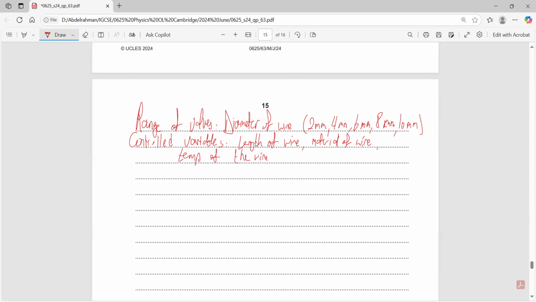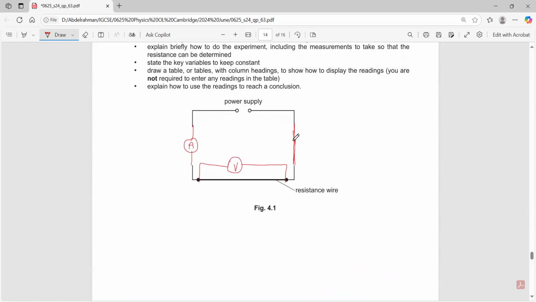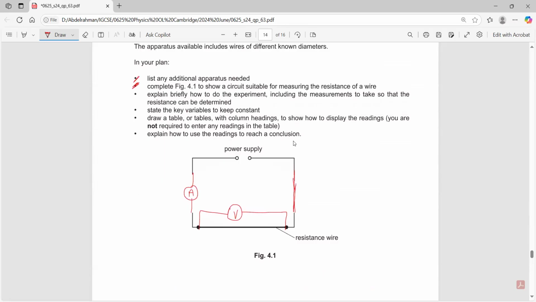How can I control the temperature of the wire? By switching off the circuit between each reading. What are the missing apparatuses? We need an ammeter and a voltmeter to measure the resistance. So I've written down the missing apparatuses.